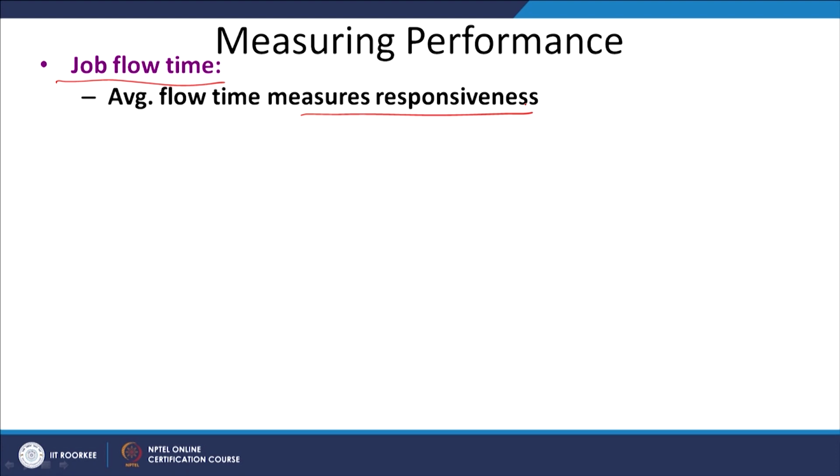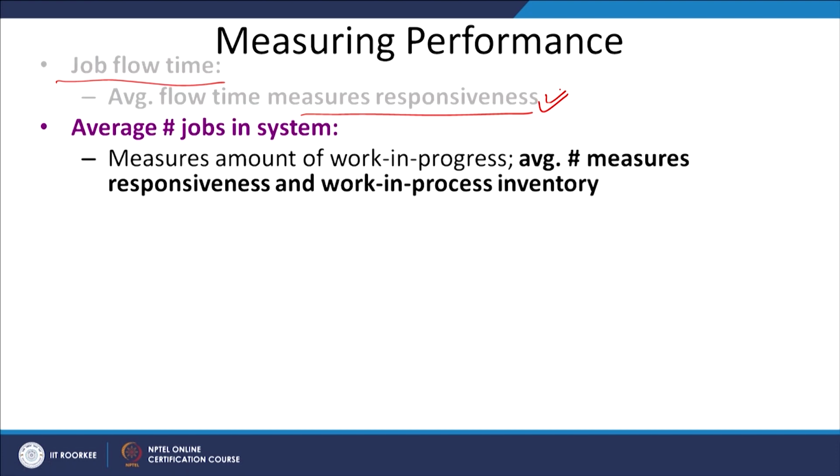If there are many jobs to be processed through a plant or facility, what is the average time for completion of all these jobs, which includes the waiting time and the processing time? How fast and how quickly the jobs are completed is indicated with the help of the average flow time.